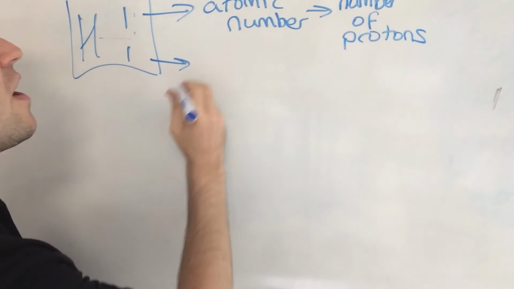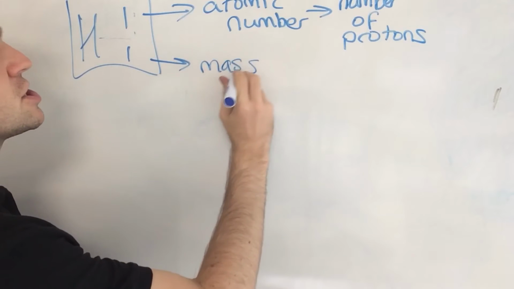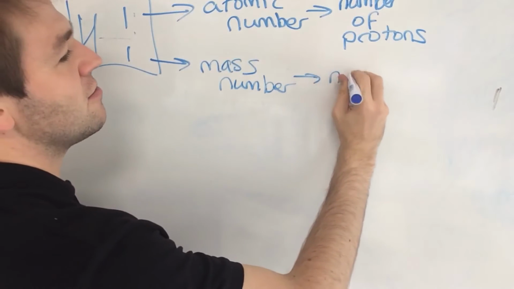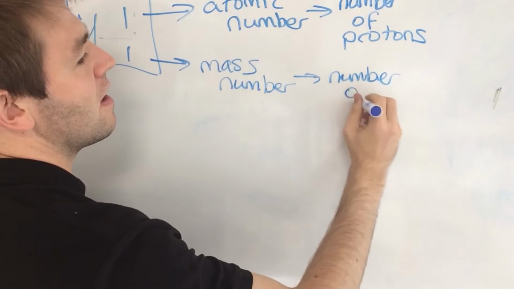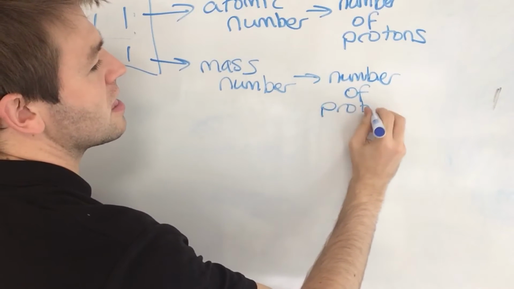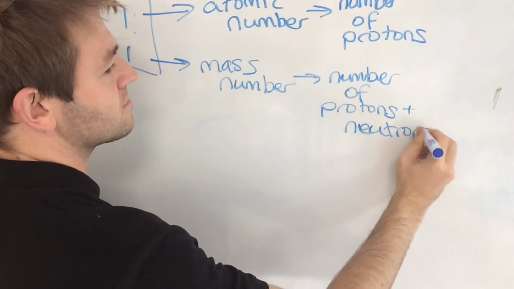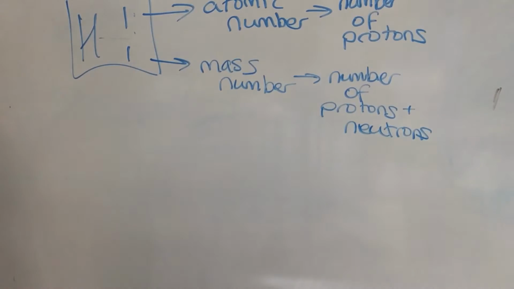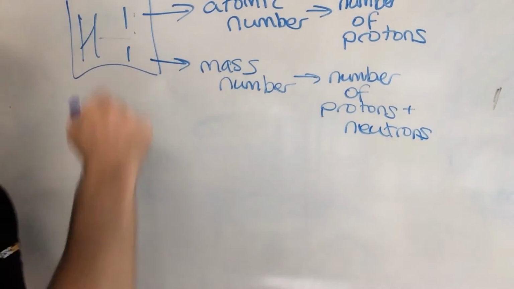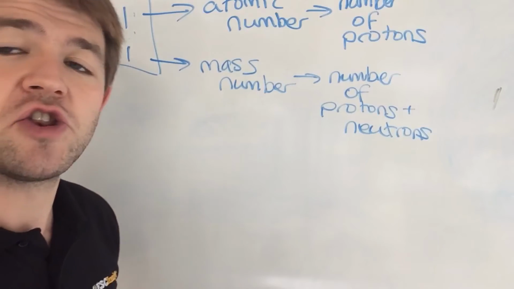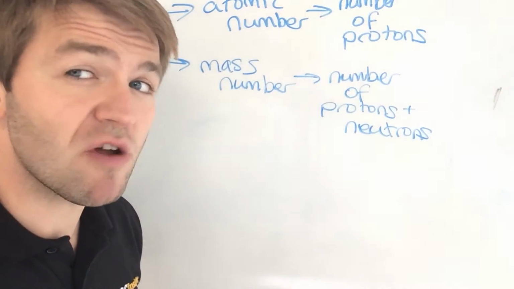The other number is the mass number, and this is the number of protons plus neutrons. So two different numbers there. They're both the same here for hydrogen. Hydrogen in its most simple form doesn't have a neutron.